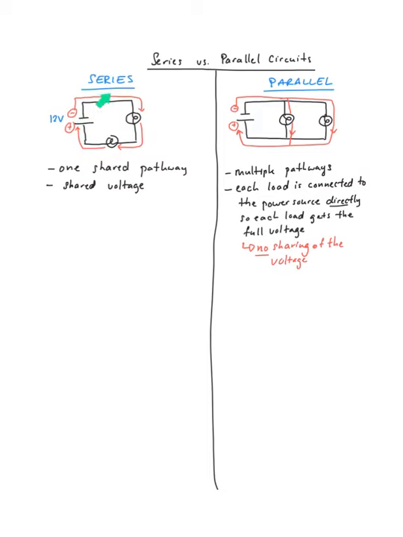If they are the exact same type of light bulb, then they'll use the exact same amount of electricity, and in that case I can expect to split the voltage evenly between them, so that this light bulb will be 6 volts and this light bulb will be 6 volts.